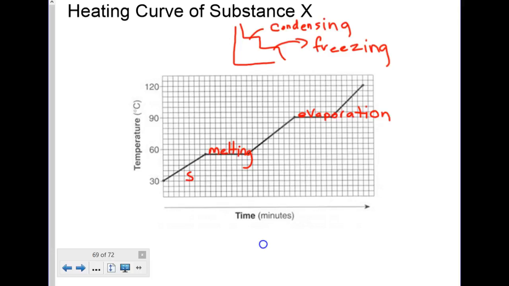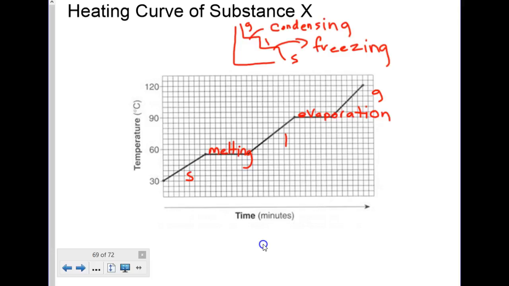Between melting and evaporation, liquid. And then after evaporation, gas. Here, the gas comes before condensation. After you have condensation, you have the liquid. After the freezing, you have the solid.